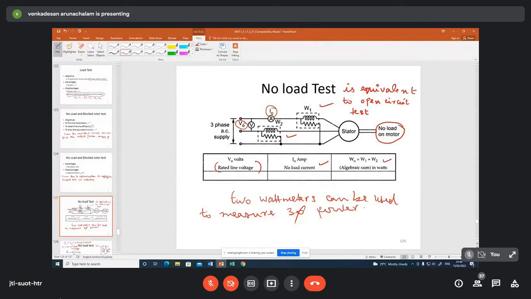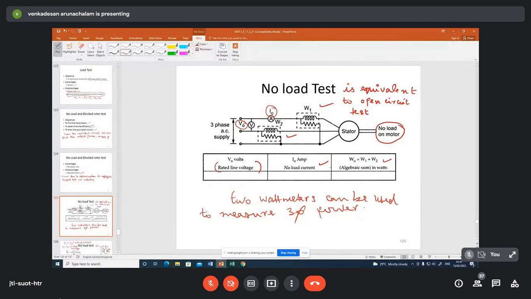In the no load test, you have to conduct the test at the rated voltage. You have to note down the voltage in the table, and the current, that is the no load current. And the total 3-phase power you can get by adding the power indicated in wattmeter W1 and the power indicated in wattmeter W2. So you have to note down the readings.